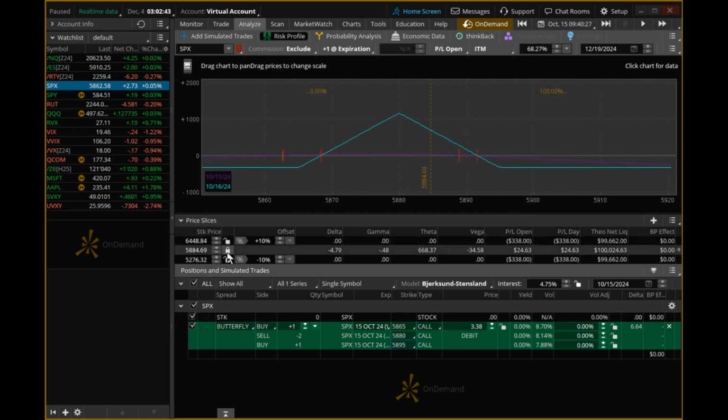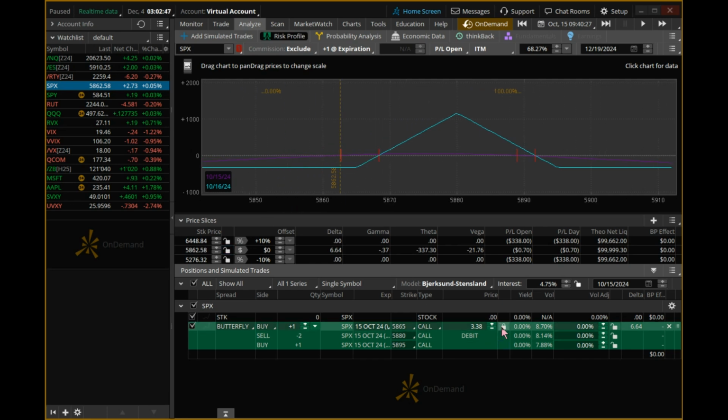The market is currently here. We're paying $3.38. All right, let's make it $3.40. It's a bit expensive, to be honest. What's the VIX at? The VIX is at 20. And I'm paying $3 for a trade?